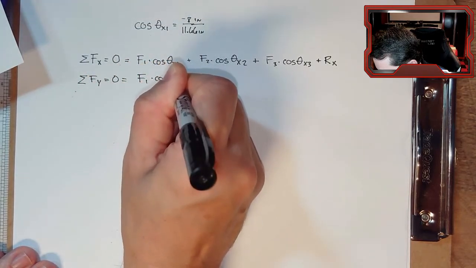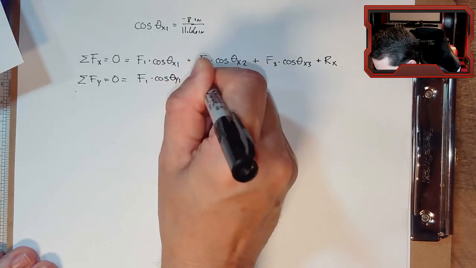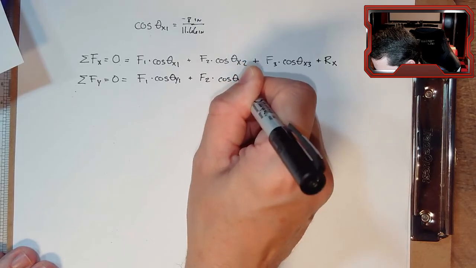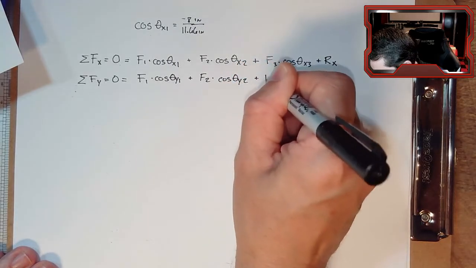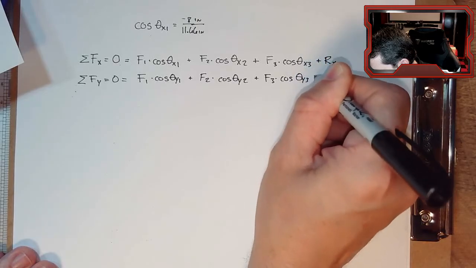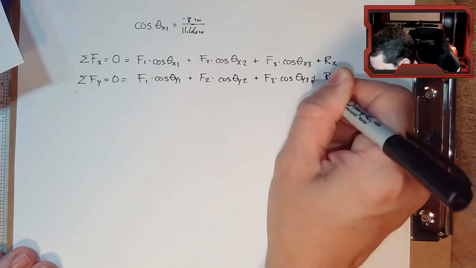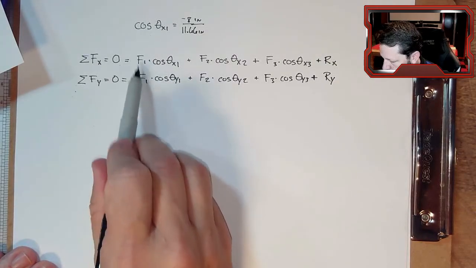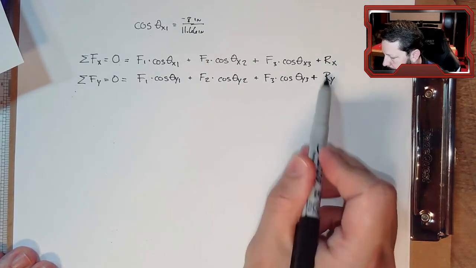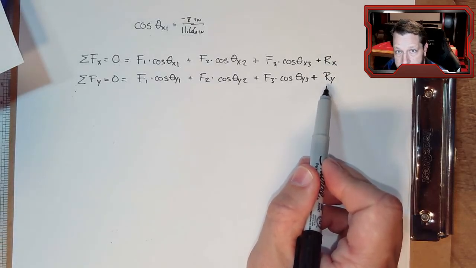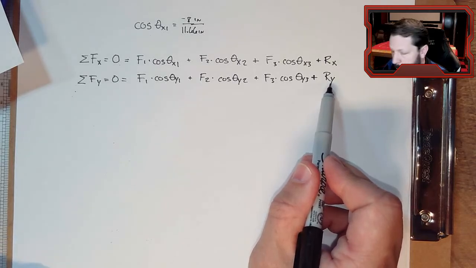So now I'm writing the y equation, and it looks very similar. In fact, you probably have to look really closely to see the difference. The difference is I still have F1, still have F2, F3. I have a difference over here because the 100-pound load could have a different y component.